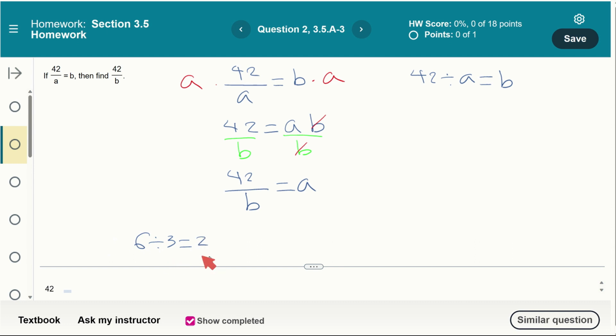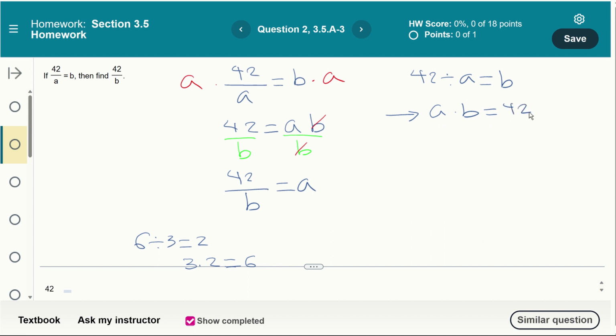It means 3 times 2 equals 6, right? So using that kind of understanding, what would this mean? This implies that A times B equals 42.